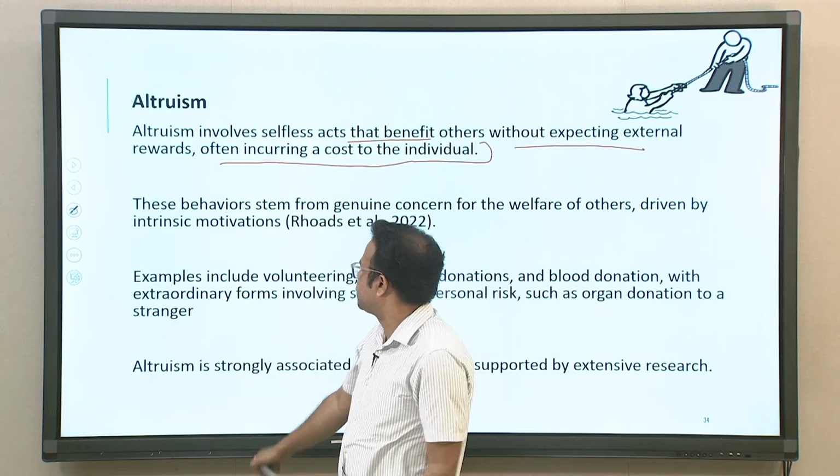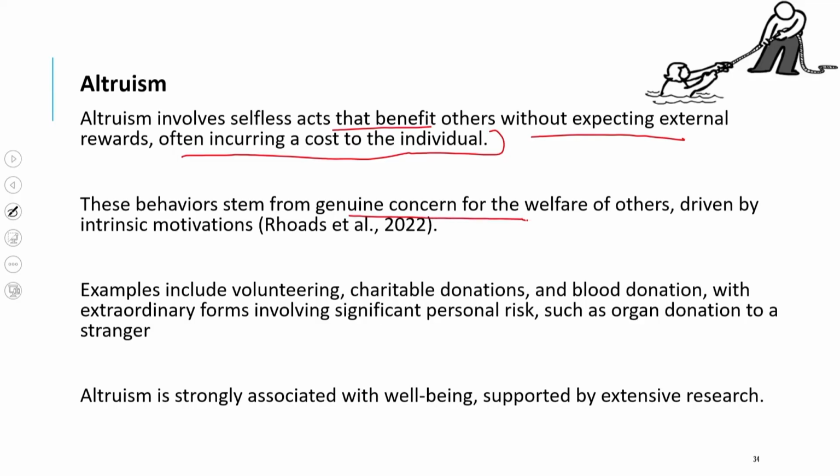This behavior stems from genuine concern for the welfare of others, driven by intrinsic motivation. Mostly, altruistic behaviors are guided by intrinsic motivation, with the idea that the person is genuinely concerned with the welfare of another individual, and that motivation comes from inside without any expectation of reward or external aspects.